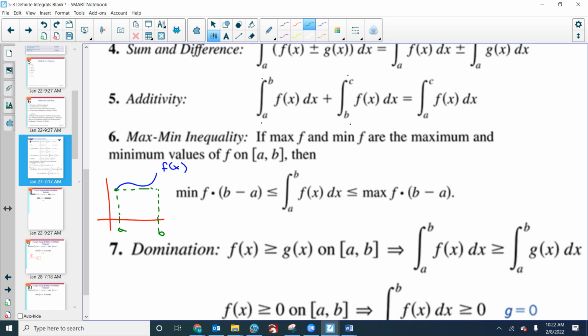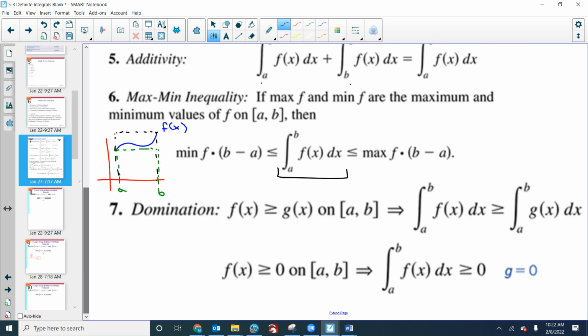What happens when you take the highest point on f times b minus a? Isn't that a rectangle? All this is saying is the true area, the exact area, is somewhere between the minimum rectangular area and the maximum rectangular area. You could narrow it down if you had to. Okay? You could narrow it down. That doesn't happen very often.